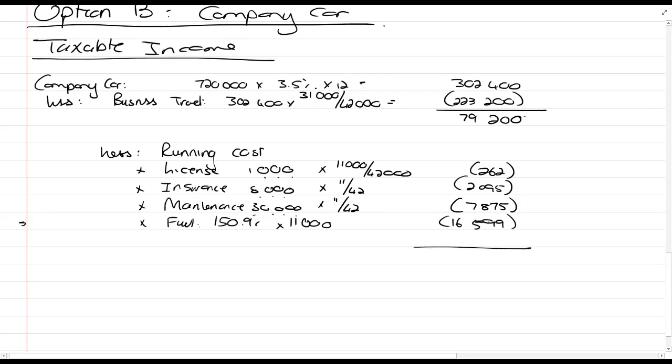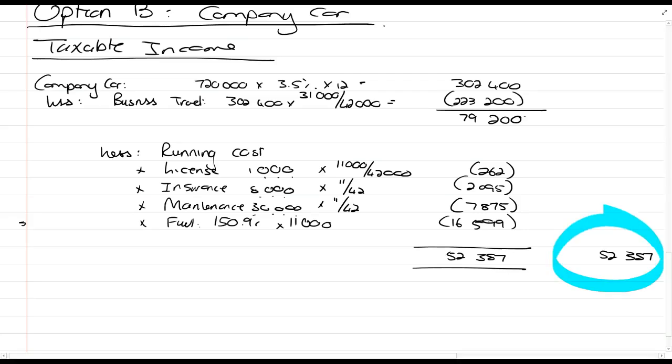That's 16,599. Right, so we add all of this up, gives us 52,387. That's just the cash equivalent, but it's also the effect on taxable income. I'm just reminding you of that. So that's the 52,387. So that was the taxable income.